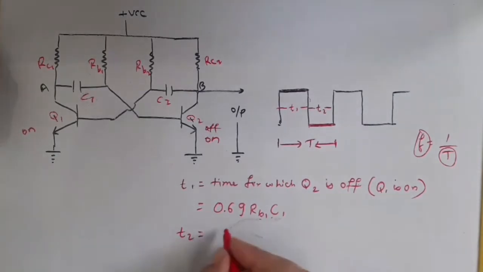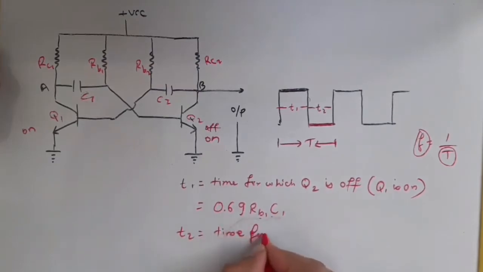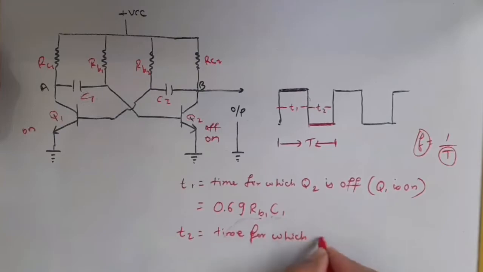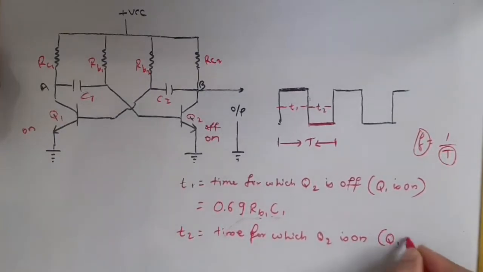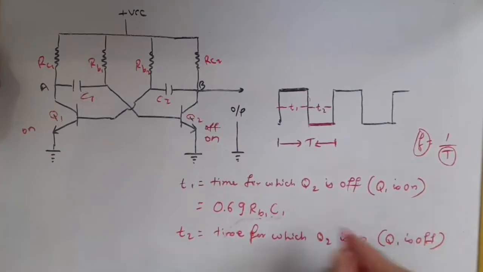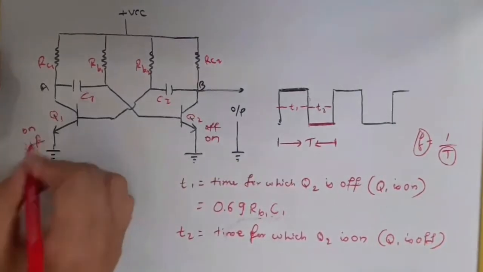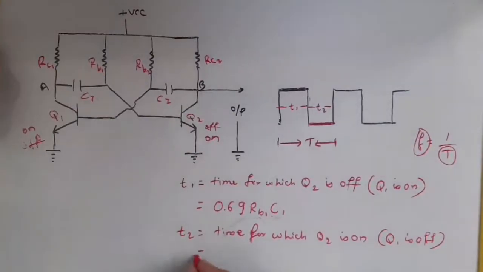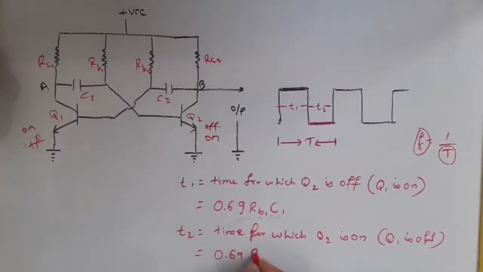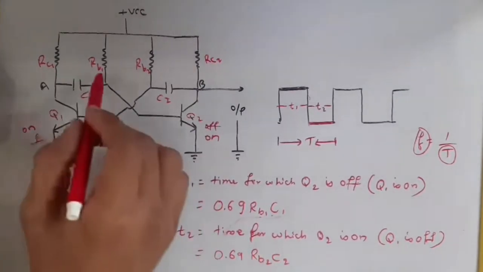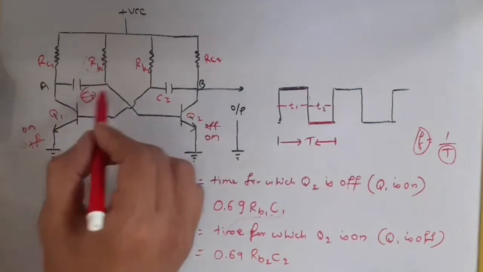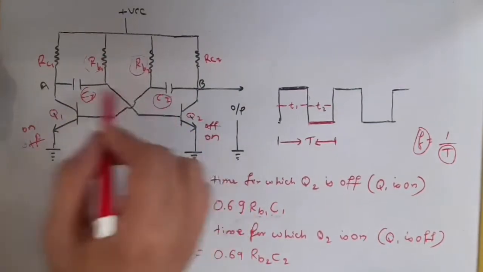So you can write t2 as the time for which Q2 is on, or you can say Q1 is off. Whenever Q2 is on, definitely Q1 will be off only. So again you can write this value as 0.69 RB2 C2. Initially you considered RB1 C1, now you consider RB2 and C2.